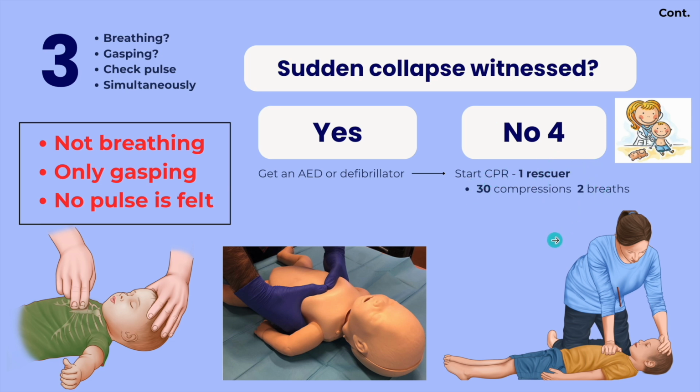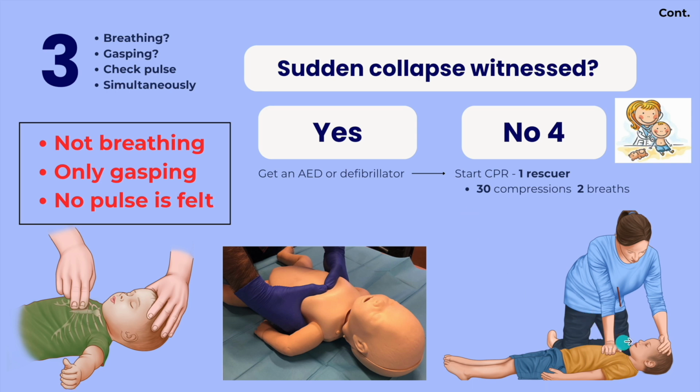Please follow all the rules and actions that we learned in previous slides. For an infant, use either the 2-finger or 2-thumb encircling hand technique. For a child, use 1 or 2 hands, whatever is needed to provide compressions of adequate depth. You can see the first image shows how to do the 2-finger technique, and the second image shows how to do the 2-thumb encircling hand technique.